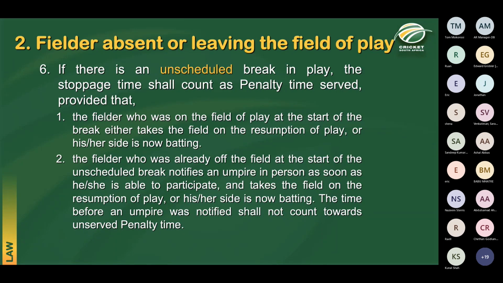Okay, so let's give an example here, and it's going to differ slightly from what I've previously given you. The bowler bowls, and in his third over pulls a hamstring at 10:20. So he still goes off at 10:20, and then at 10:30, it starts to rain. So he's been off the field for 10 minutes of play.